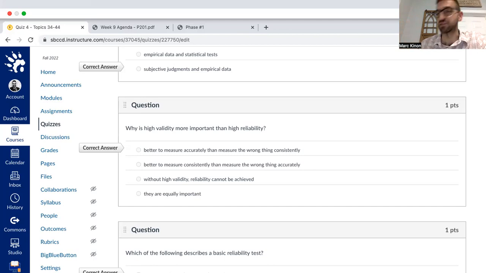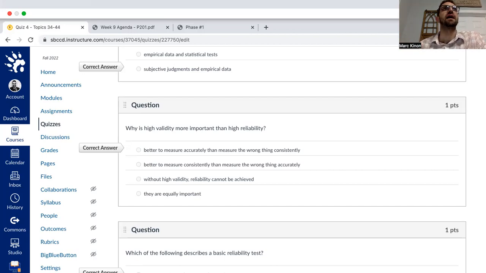Well, it's clearly not measuring weight. And then you could have high reliability in that every time I get on the scale, it says 100 pounds. So it's reliably measuring something, but it's not weight. Low validity, high reliability.